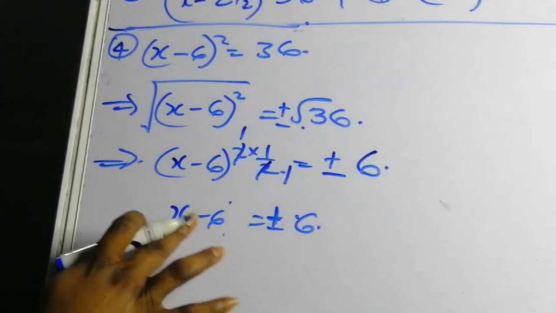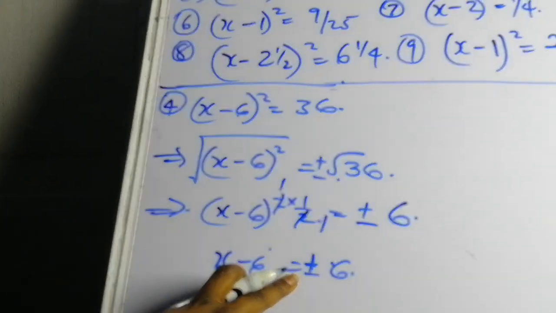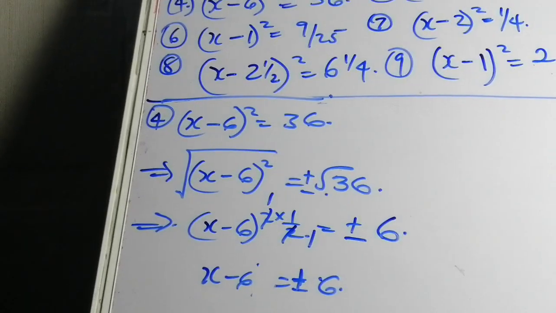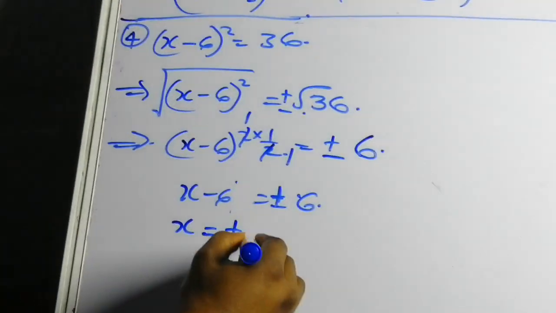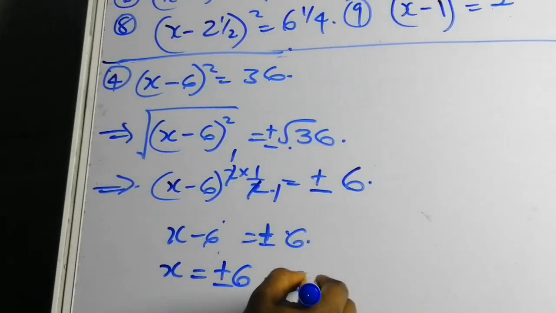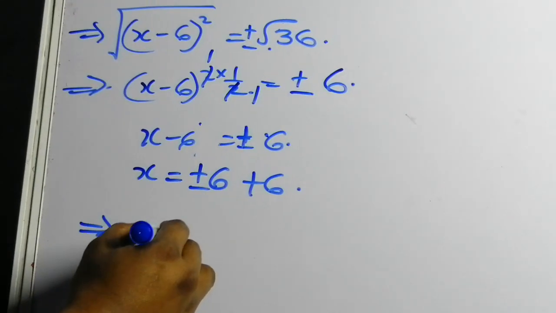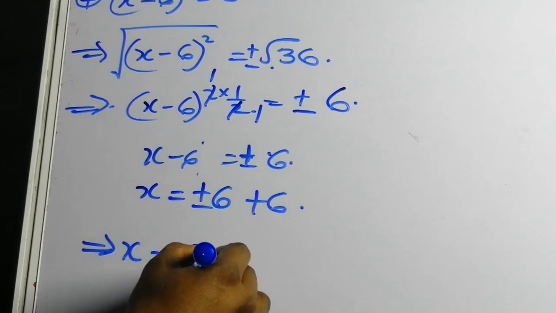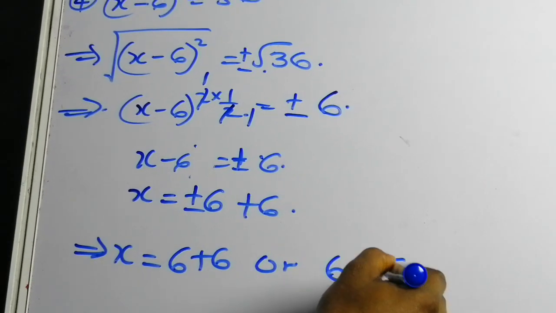There's no need to put brackets here again, because there's no power again. So minus 6 is crossing the equal sign, moving to the right hand side, so minus 6 is changing to plus 6. Which means that x is equal to plus or minus 6 plus 6. That implies x equals 6 plus 6, or minus 6 plus 6.